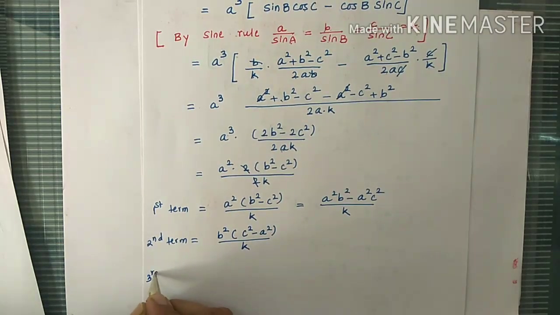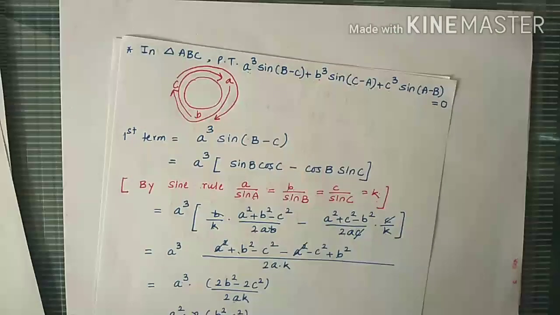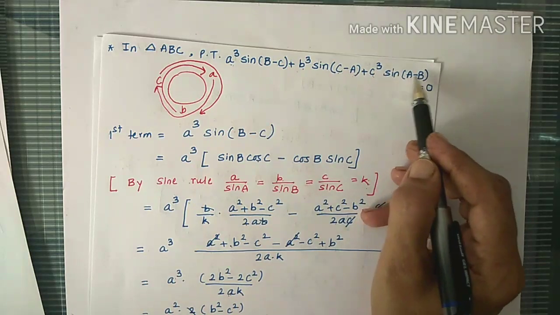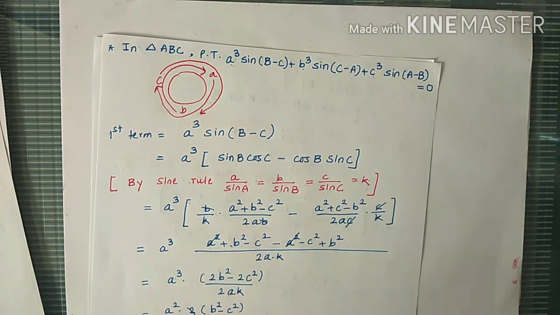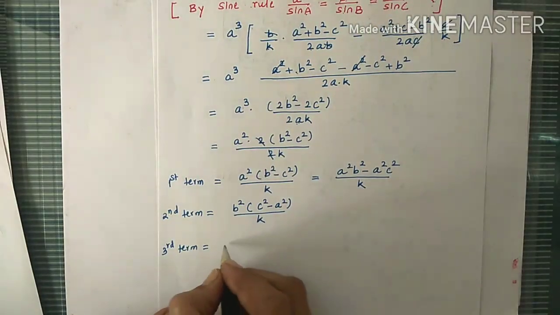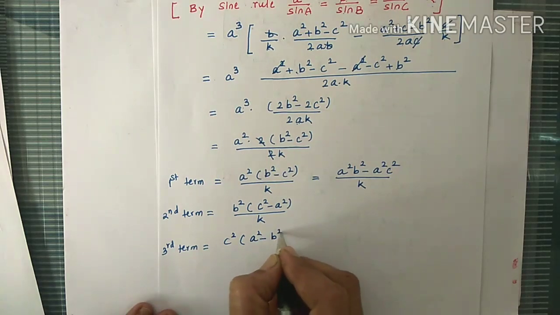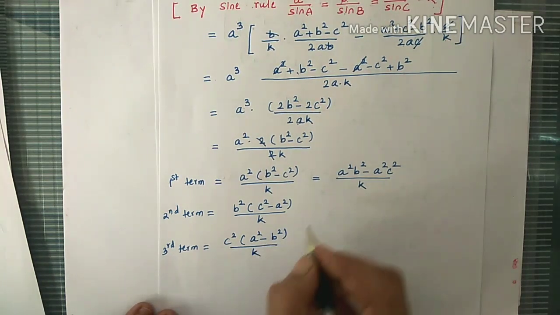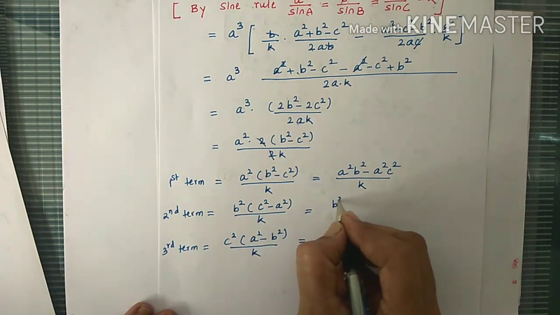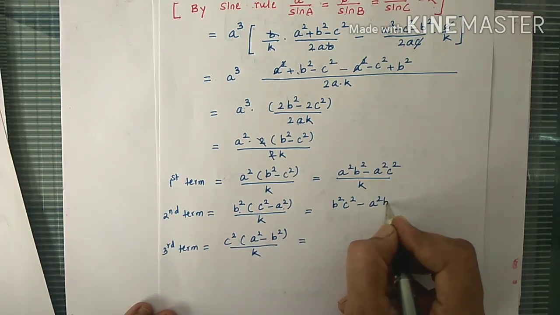Let's write the third term first and then we will simplify this. In the third term we have C cube, then AB. So we have C first, then A, then B. In the simplification also the order remains the same: C first, then A, then B. So this is C square, A square minus B square upon K. Multiplying these terms by B square, we get B square C square minus B square into A square, which is same as A square B square.